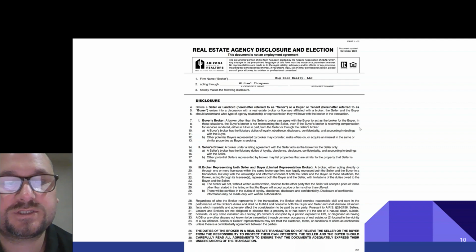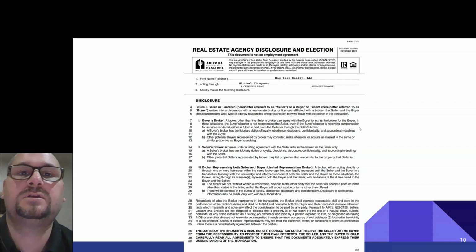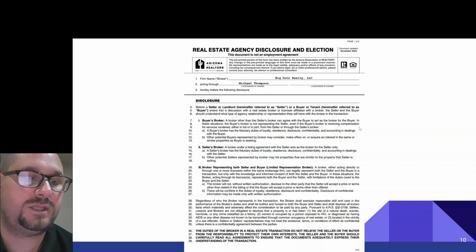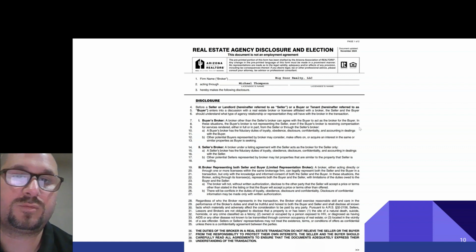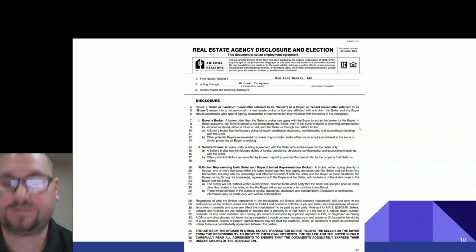The seller and the buyer should carefully read all agreements to ensure that the documents adequately express their understanding of the transaction. So you need buyer and seller. Just because you're using a broker doesn't mean you don't need to do any work. You still need to read and understand everything you're signing.